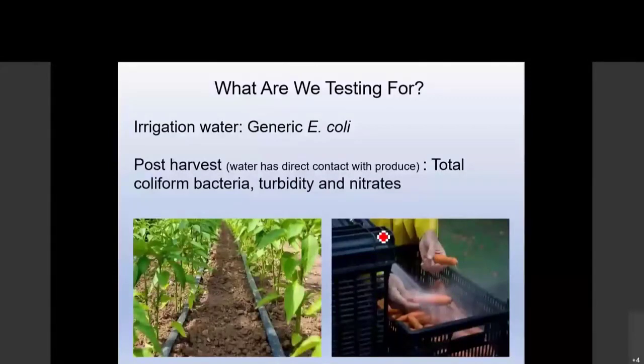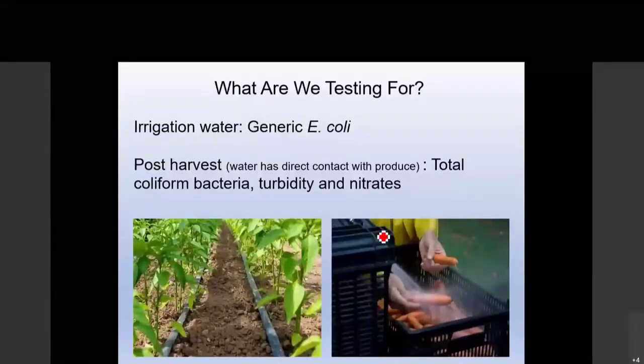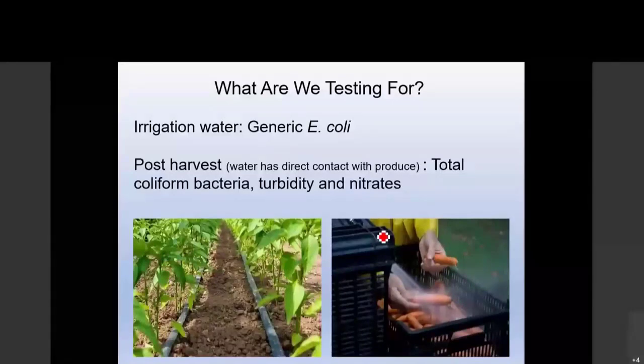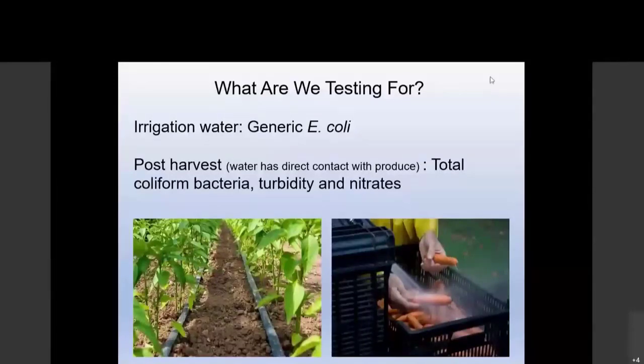Generic E. coli has been accepted by science as an indicator for possible microbial contamination, and that's for irrigation water. When we get into post-harvest use, then we've got different standards, and we're going to be testing for different things. For post-harvest use, we test for coliform bacteria, turbidity, and nitrates.